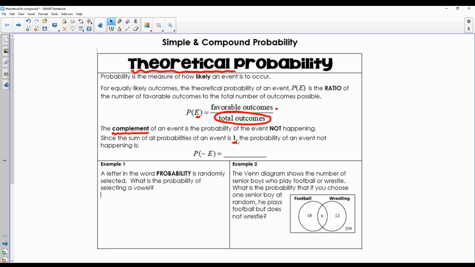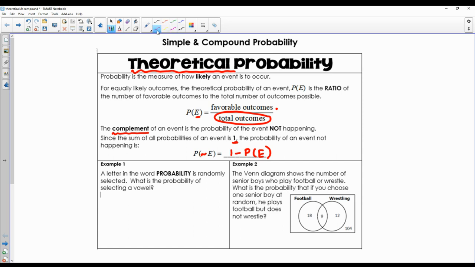So the probability of something happening and something not happening is always going to add to that 1. So when you're trying to find the probability of something not happening, see that little squiggle that says not E happens, so that you don't roll a 2, you're just going to have 1 subtract the probability that that event happens right there.